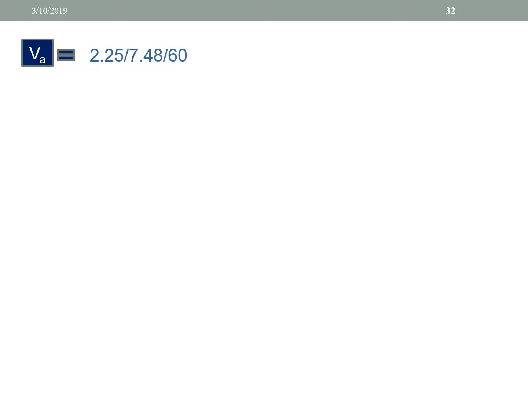Velocity will be 2.25, Q is given, 2.25 over 7.48 over 60. So from here, our velocity will be 0.00501 feet per second. Here 7.48 is the conversion to feet. So you have velocity here.